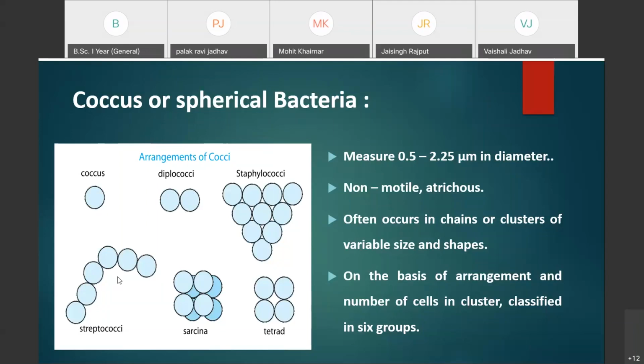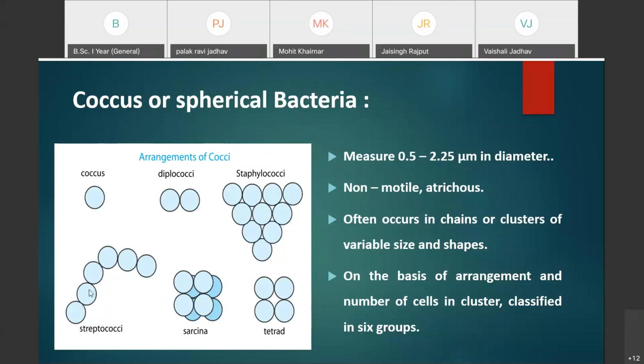Then the next one: when a large number of cocci, or spherical bacteria, are present in a long chain, these bacteria are referred to as the streptococci. Strepto means a long chain.